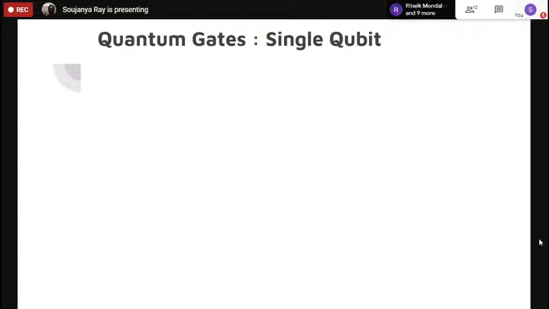But in quantum computers, we have many single qubit gates, and the first gate is the X gate, which is a NOT gate, which flips the qubit in its state. So if you have a 0 1 and you apply the NOT gate, it changes to 1 0, and vice versa. I'll tell this later.